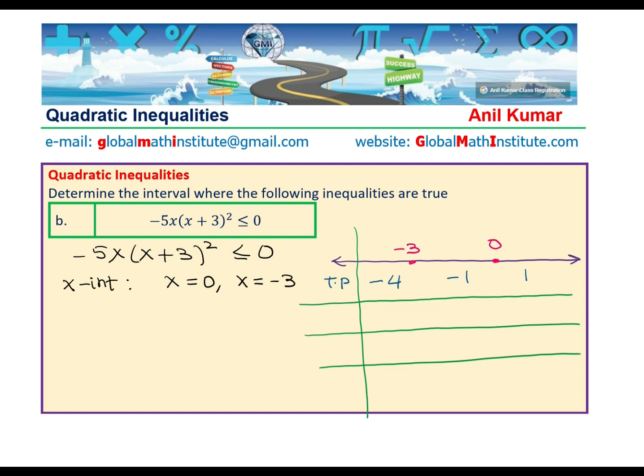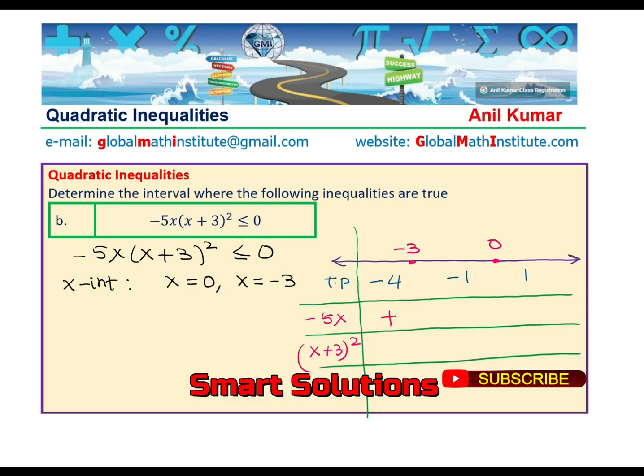One of them is minus 5x, and the other one is x plus 3 whole squared. If I substitute minus 4, I get minus and minus, a positive number. Negative 1 times negative 5 is also positive, but 1 times this will give me a negative number. As far as x plus 3 whole squared is concerned, any number will always be positive.